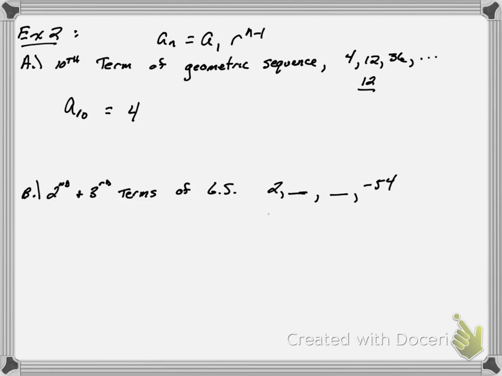Well, let's start dividing. They tell me it's a geometric sequence, so 12 divided by 4 is 3. You could keep going, but it's going to be 3 no matter what. Times 3 to the n, well, n is 10 minus 1. So we end up with 4 times 3 to the 9th, and that's going to end up being, no, not 10,000, sorry, 78,732.